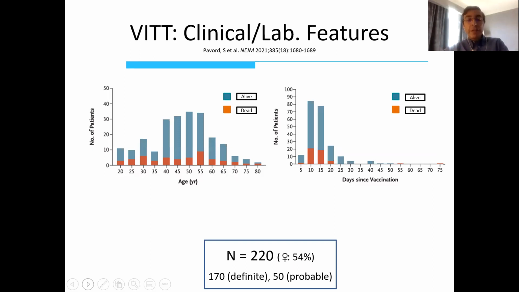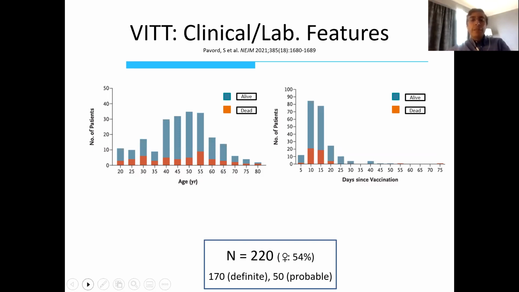You can see that 170 had definitive and 50 probable. Visually, dividing them into the patients that survived and the ones that unfortunately died, we do not necessarily see a difference from an age perspective and from a day of presentation after vaccination perspective.